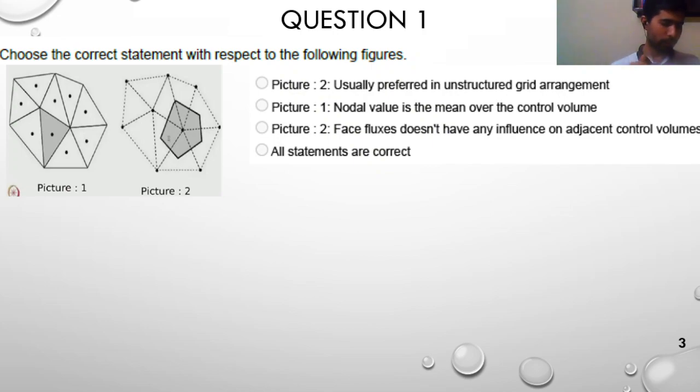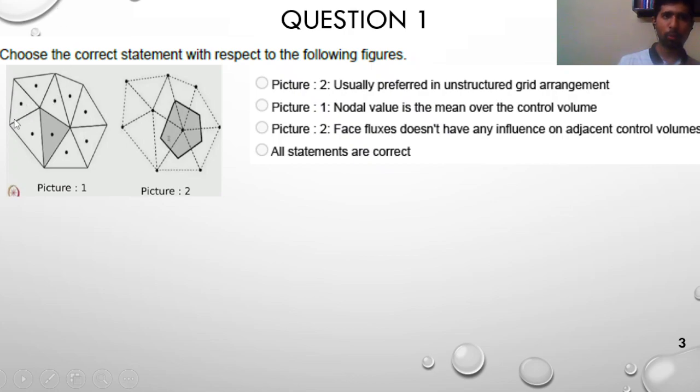Yeah, node based. Yes, node centered. Yes, correct. So picture 1 corresponds to the node centered control volume generation. Why is it called node centered? Basically, first you generate this cell.